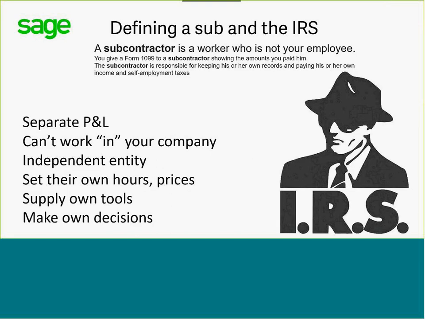Okay, so the IRS has specific opinions about what a subcontractor is. The difference between an employee and a subcontractor really depends on your right to direct and control the worker, not on what you declare the worker, or whether you file a 1099 or not. It's how you treat the person.